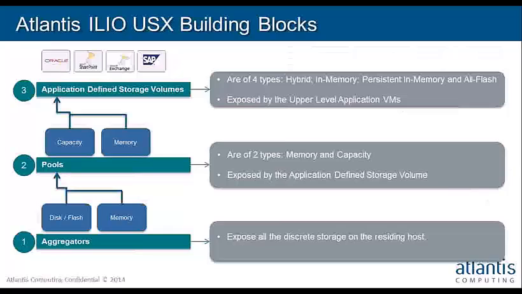And essentially, by the creation of these four types of application-defined storage volumes, the upper layer application VMs get the characteristics of performance, capacity, and reliability that they need in order to make the maximum utilization of storage lying across the data center.